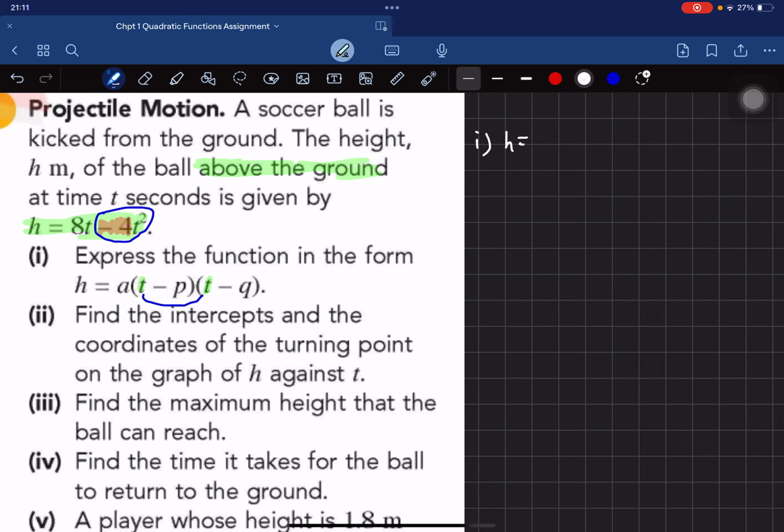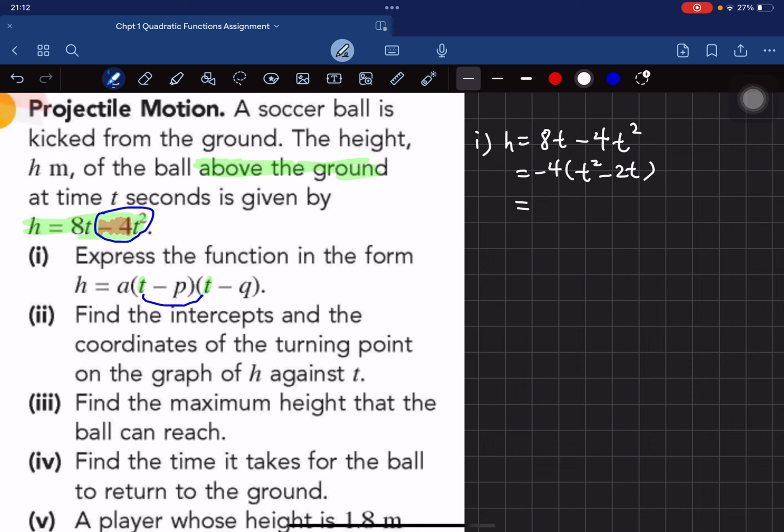So for my part 1, we have h equals 8t minus 4t squared. In order to create a positive t squared, I have to factorize out -4. So -4, I'll have t squared minus 2t.